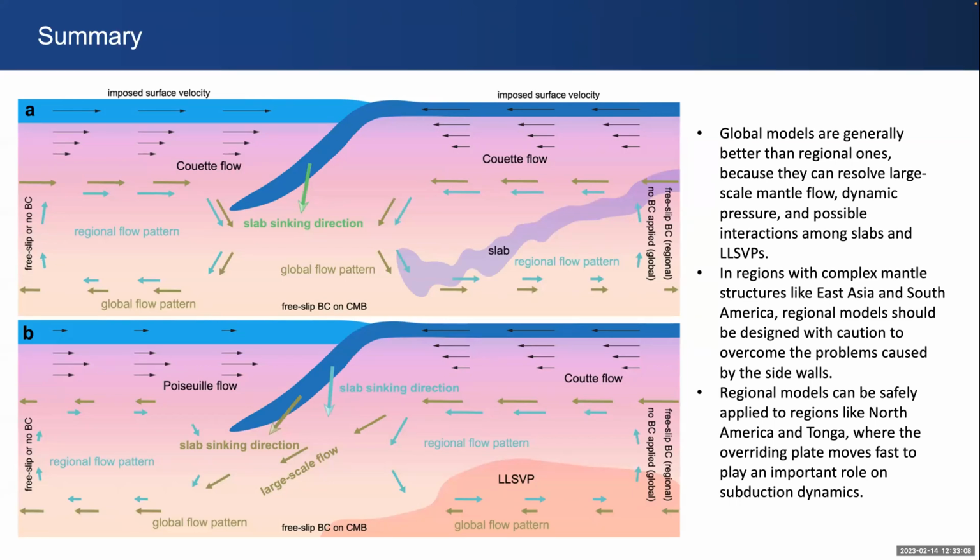Except this one reason, any other? In a regional model, it would be very easy to test different parameters. Like one parameter is the viscosity, which has very large uncertainties, and we know very little about it. By running regional models, we can test a lot of viscosity structures.